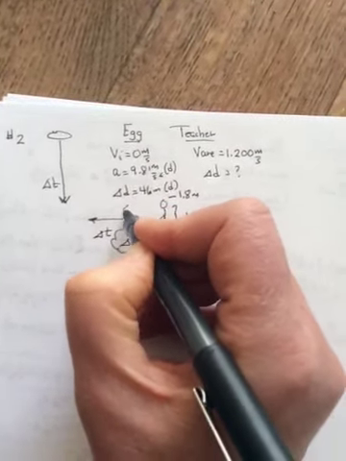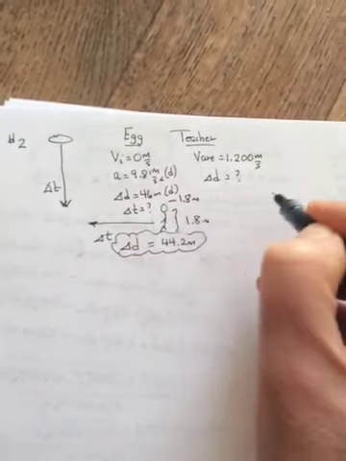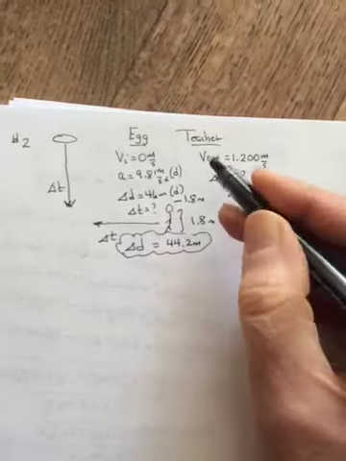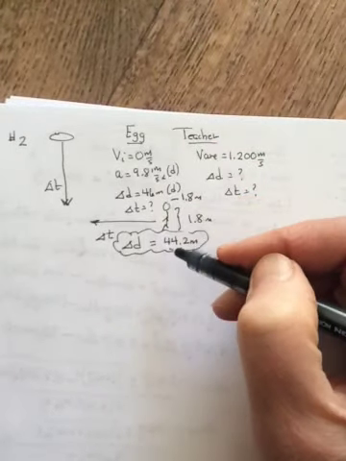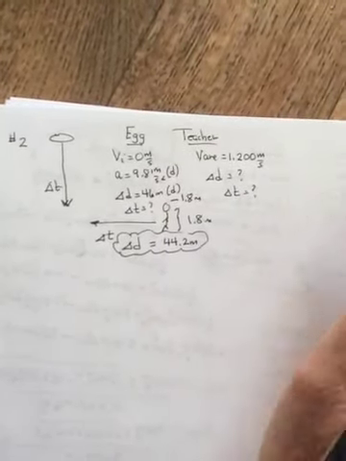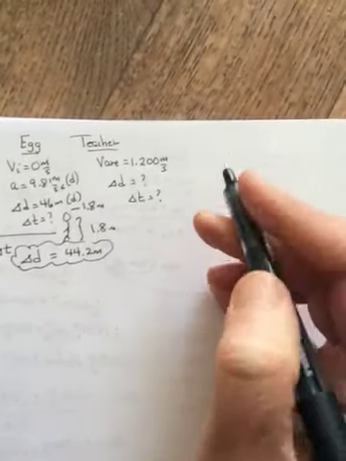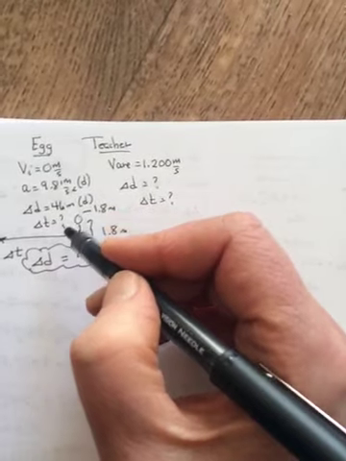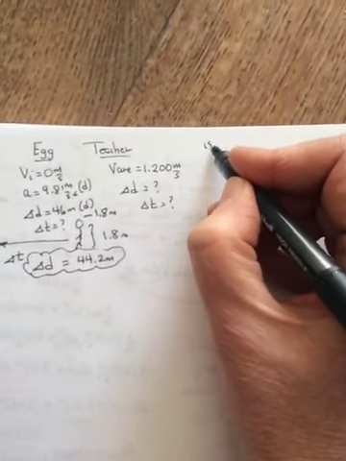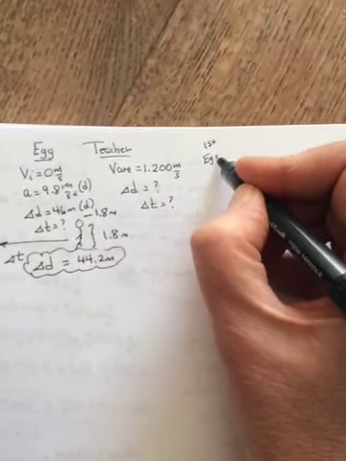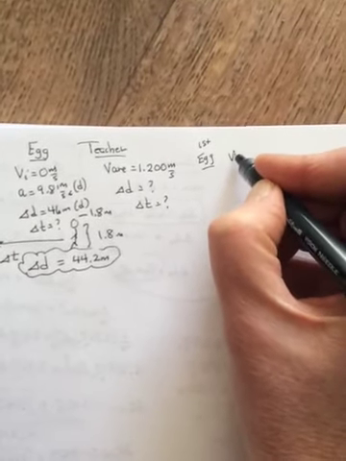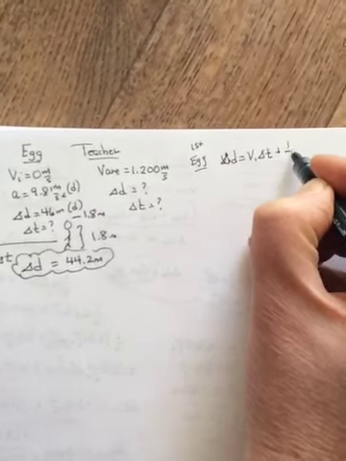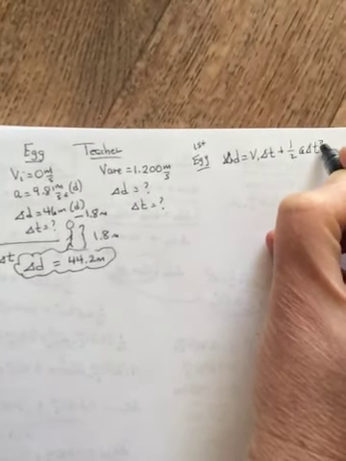All right, so we don't know the delta T of the egg. We also don't know the delta T of the teacher. Where should we start? Well, we should start with the egg because we only have one unknown. Once we get that, we can use it for the teacher because then we will only have one unknown for it. So we have a VI and a delta D, and we want a delta T. So first with the egg, we would do delta D is equal to VI delta T plus 1/2 A delta T squared.